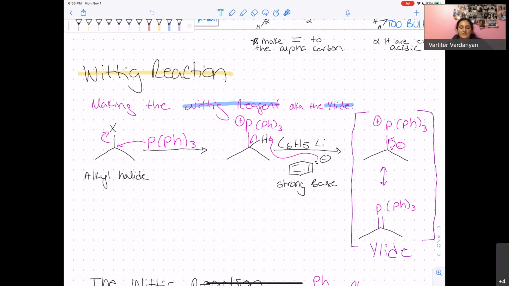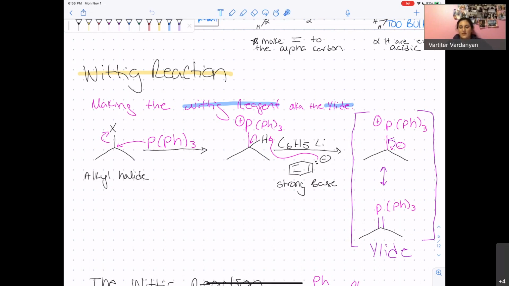And when you do that, you essentially replace the X with the P, and that forms a plus charge. So you're going to steal this hydrogen and make the ylide. I know it looks complicated, but it's just one of those things where you just kind of know it. The actual step-by-step reaction mechanism isn't too big of a deal.